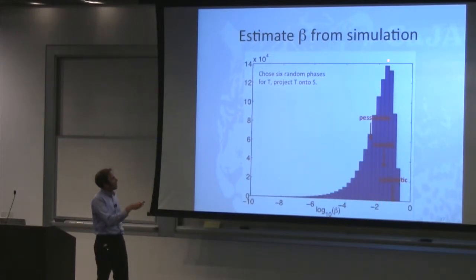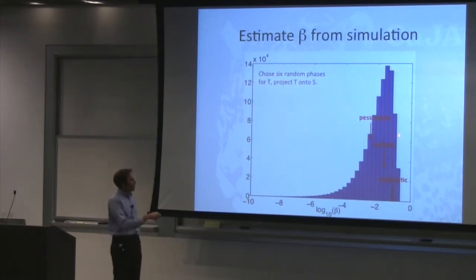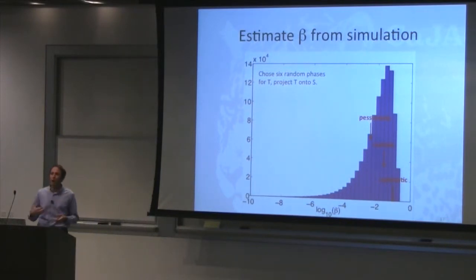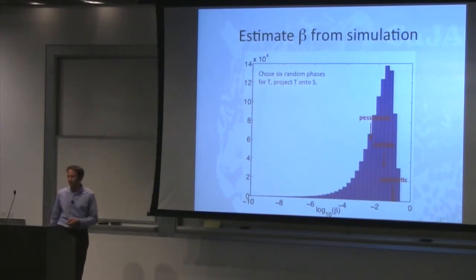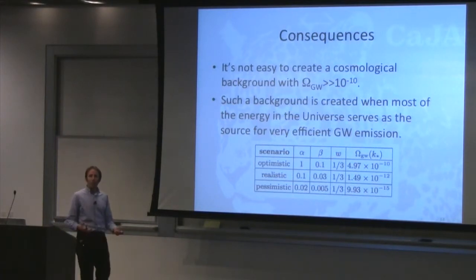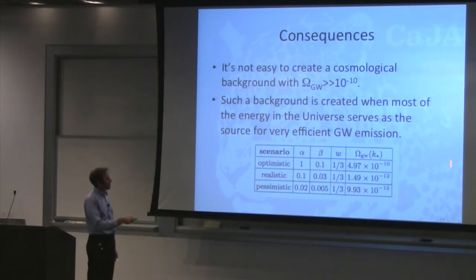And the peak value, or the median value of this distribution, we're going to call the realistic value. And then we're going to take 1 sigma, 1 standard deviation on either side and call it optimistic and pessimistic. And beta, remember, is a measure of how efficient the source is at emitting gravitational waves.